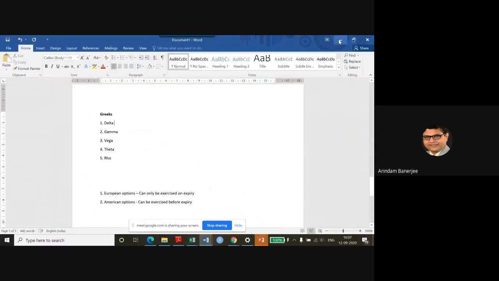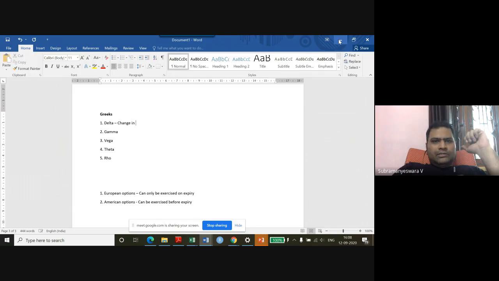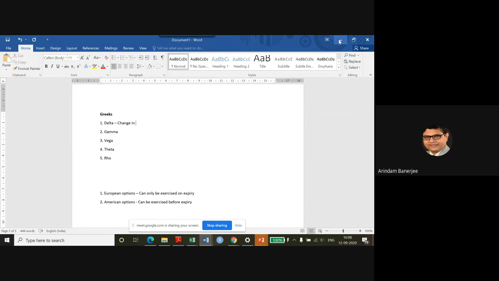So delta is the change in option price with change in price, keeping everything else constant.